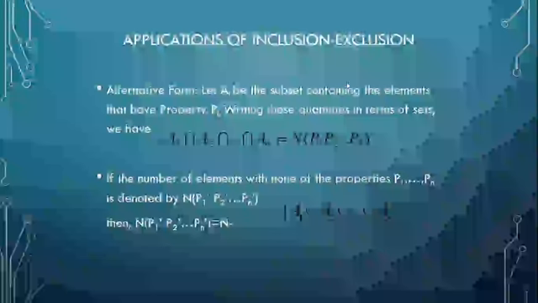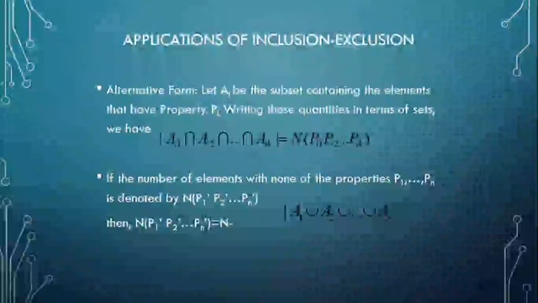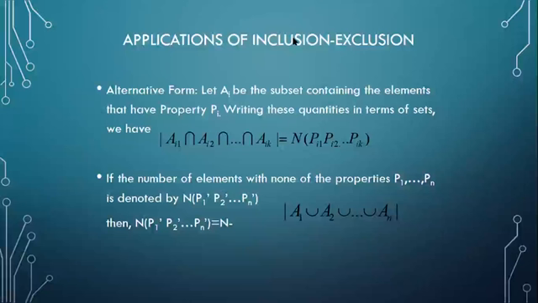The next topic is applications of the inclusion-exclusion principle. Before we see the applications and the formulas, let me explain that many counting problems can be solved using the principle.